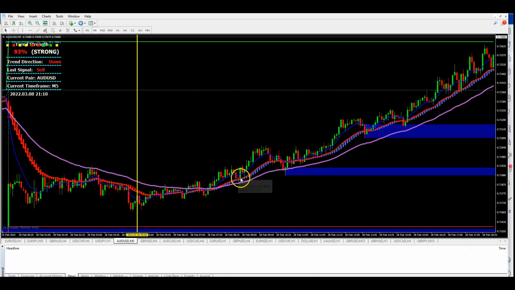You stay above these blue Hamas and above this blue line. As long as you are above this, you're fine. Once you get this little engulfing and you are starting to go in reverse, just take your profit out. You're scalping anyway.